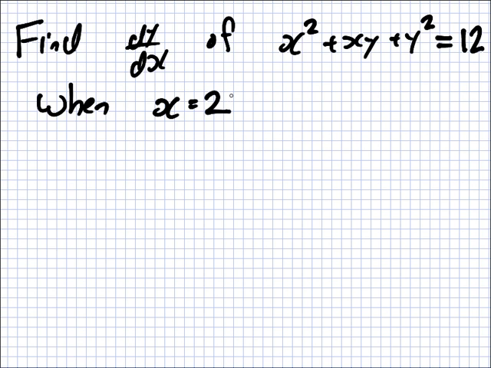Now, there'll be two answers, so I just want you to take the answer and also we'll say y is, no, screw it, give me both answers. There's two answers for dy/dx.